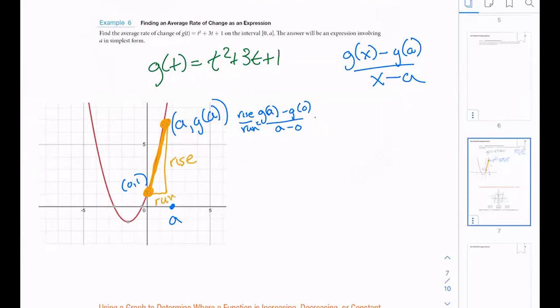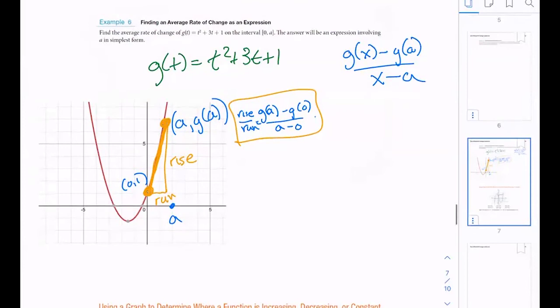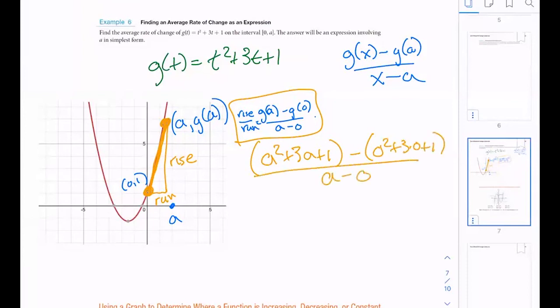The rise is, like it said here, g of a minus g of 0, and the run is a minus 0. If we plug that in, we get a squared plus 3a plus 1 minus 0 squared plus 3 times 0 plus 1, over a minus 0. That's exactly what that expression for the rise over the run is going to be. And then it's just a matter of simplifying.